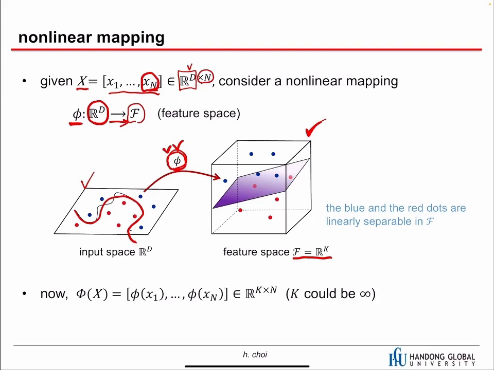Okay, then we have to apply this nonlinear function to all the data samples. So from x to phi of x, then these data samples will be in, this one is actually a matrix, and then this one is in k times n matrix. So again, from d times n, we transform the data matrix to k times n matrix.